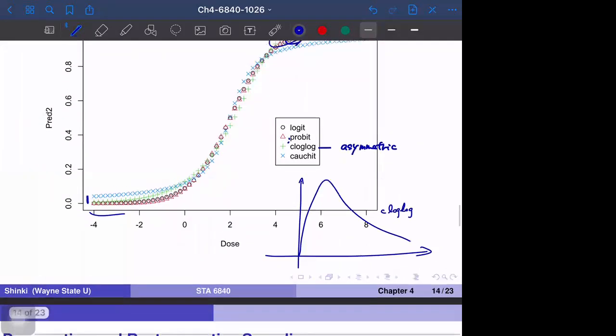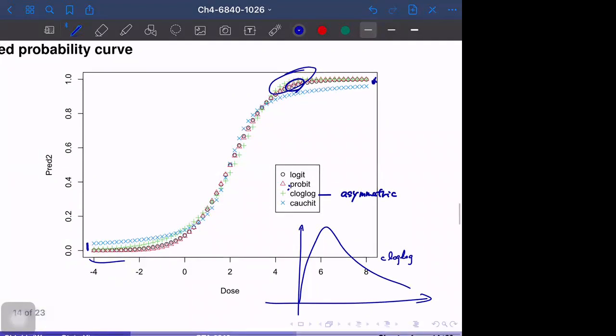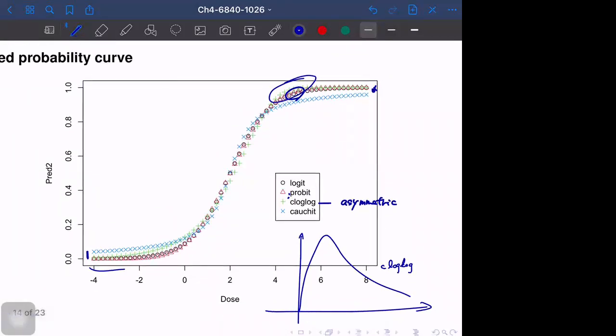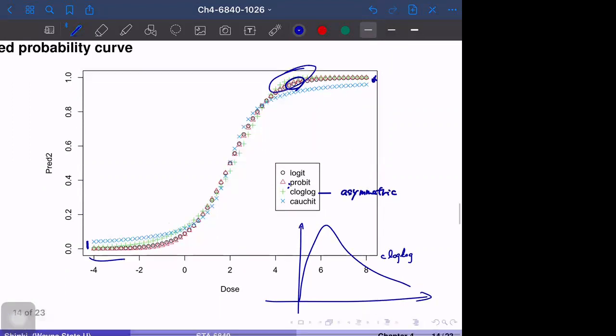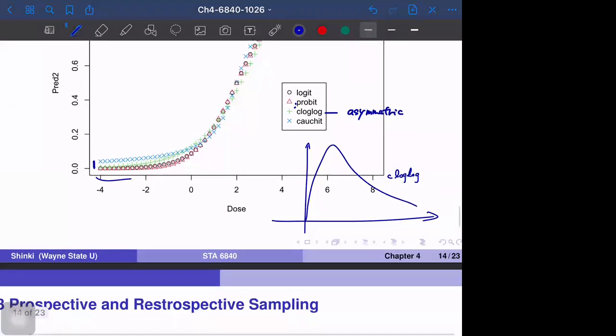So these are the differences. If we have outliers, probably the Cauchy distribution is more stable than the others. If there are no outliers, then often the logit or probit fits better. And in our case, the probit probably fits the best, while the fit is not much different between logit, probit, and the complementary log-log.